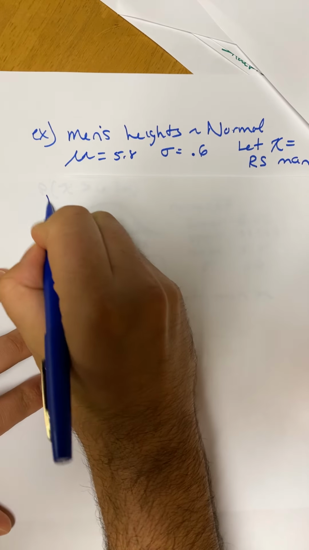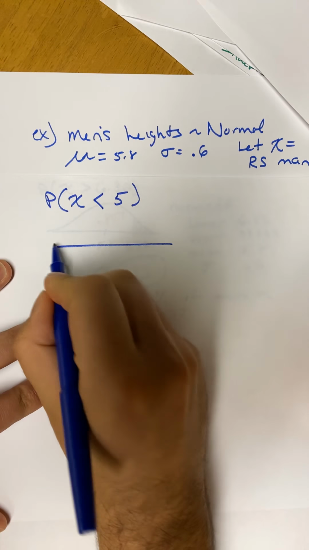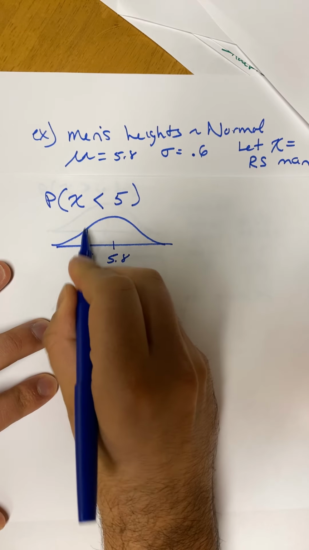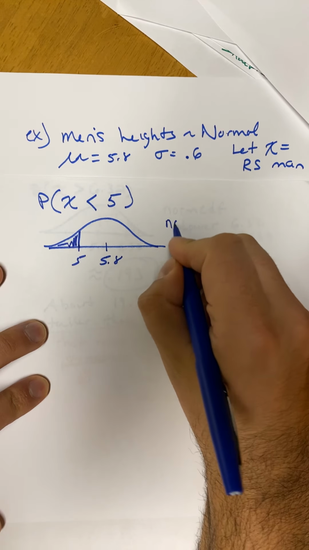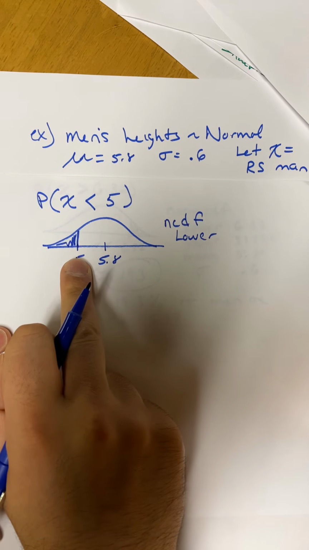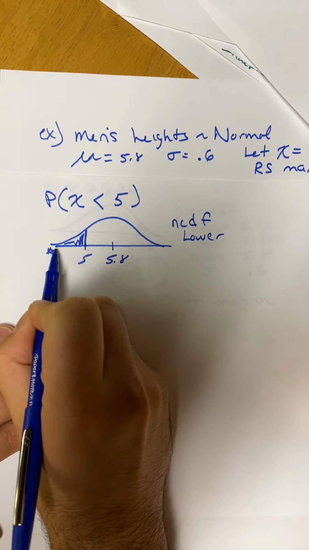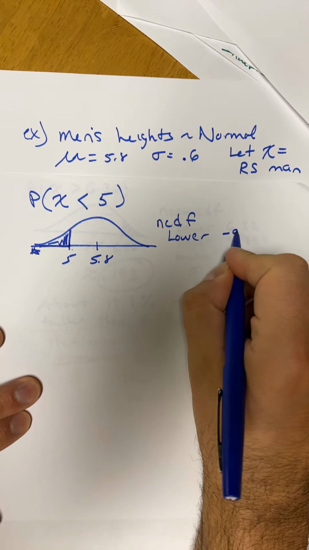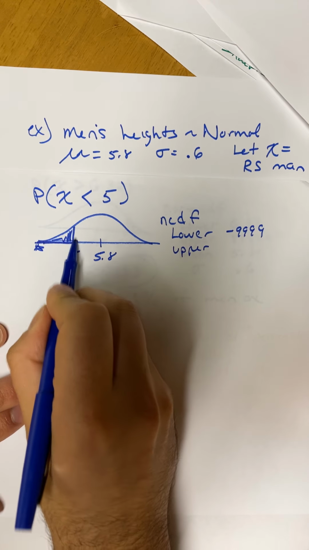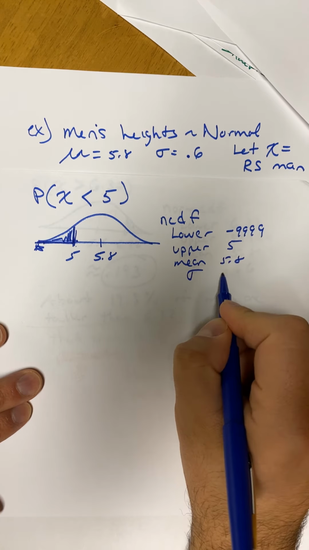Okay, let's say I wanted the probability x is less than 5. I'm going to draw a curve. Here's 5.8. Here's 5. Now I want this one. So normal CDF. My lower bound, now it has to go left to right, is right here. It's lower from the shade. This is a really small number, -9999. My upper bound, right here, is 5. Mean 5.8, standard deviation 0.6.